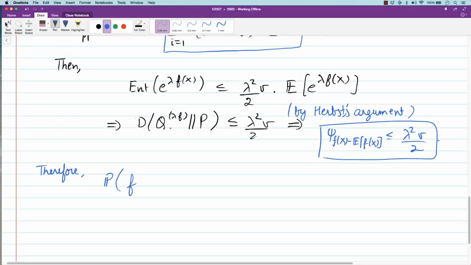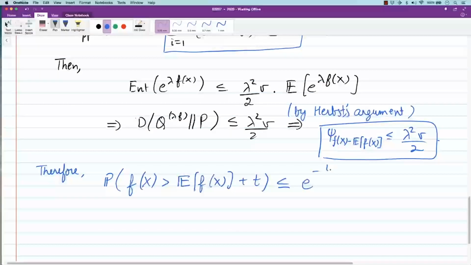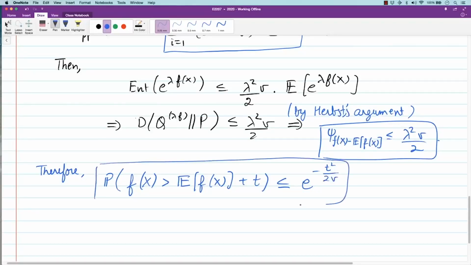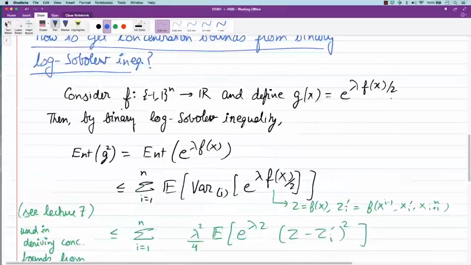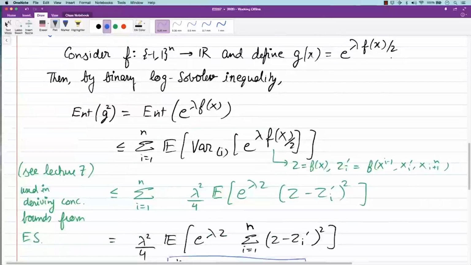It's easier to see in the tilt: you can subtract it from both numerator and denominator, just a constant multiplying both. So the probability that f(x) is greater than the expected value of f(x) plus t is less than or equal to e to the power minus t square by 2V. That's the Gaussian concentration bound we were looking for. Earlier we only had t by root V. So that's great. We only did it for the Rademacher, the uniform distribution on the binary hypercube.